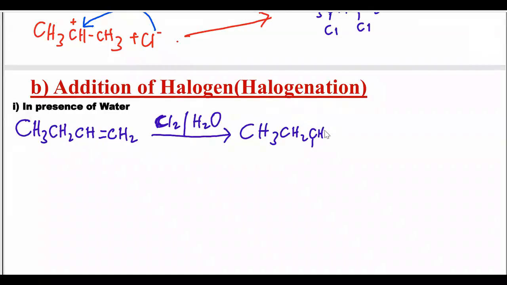What attaches here? CH2, what attaches here? On the first carbon atom there will be chlorine. Then on the second, OH. Which name is given to this compound? 1-chloro.